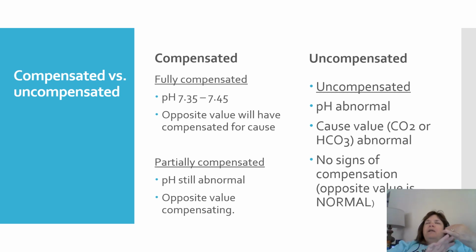Partially compensated, I still have an abnormal pH, but I also have an abnormal opposite value, whether that's respiratory or metabolic. And uncompensated, I have an abnormal pH. My cause value, CO2 or bicarb, is abnormal, but the opposite value is normal.